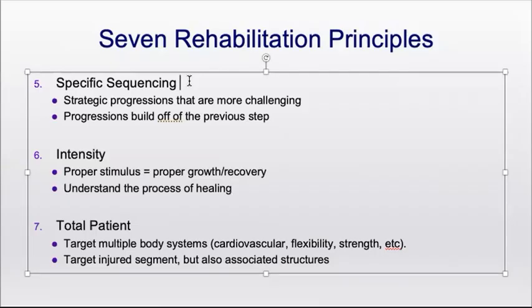Progressions should build on previous activities, and there should be sequencing in how you have the exercise completed. Probably sprinting without a warm up is not a great idea. Probably doing some form of loaded squats before unloaded squats isn't a great idea either. So think about how you're introducing the exercises.